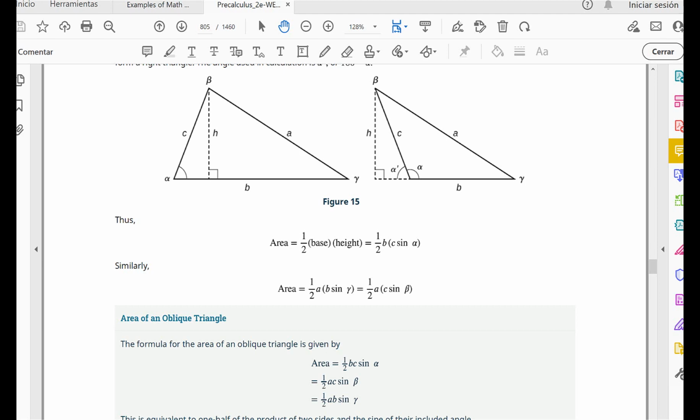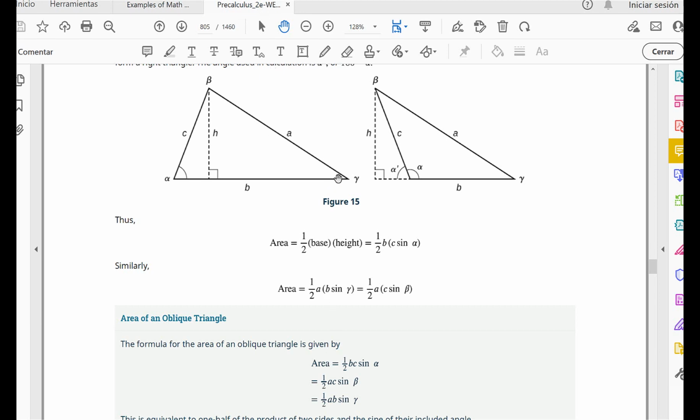Now to find the area of the triangle, go to page 805 of the Precalculus second edition book in OpenStax.